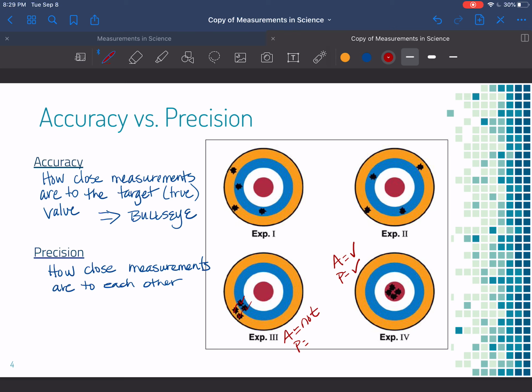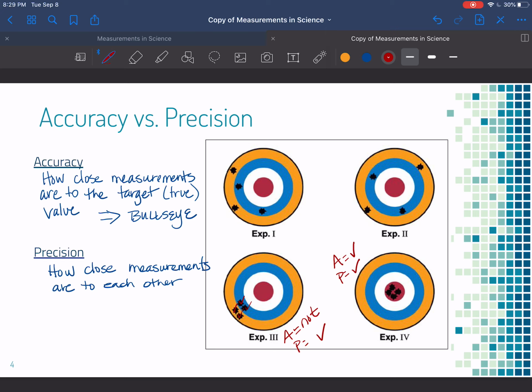Are they precise? Absolutely. So what this demonstrates is you can be precise but inaccurate in measurements. So which do you want to be if you can only be one? Would you rather be accurate? Would you rather be precise? I'm going to leave that question hang for a minute and come back to it.